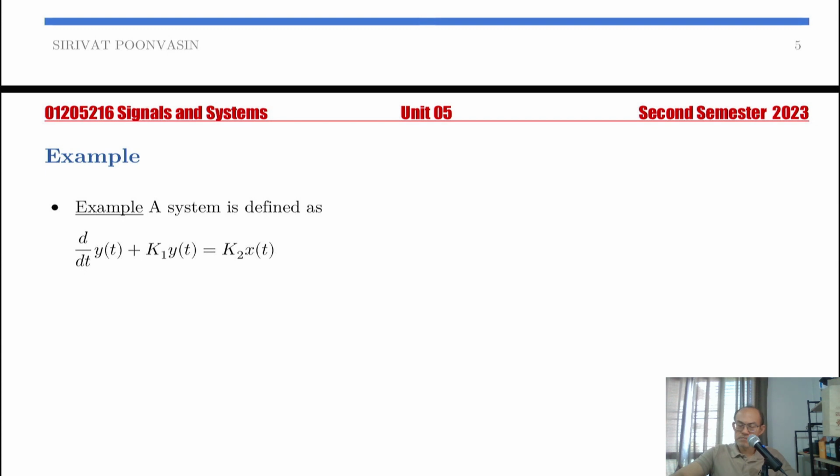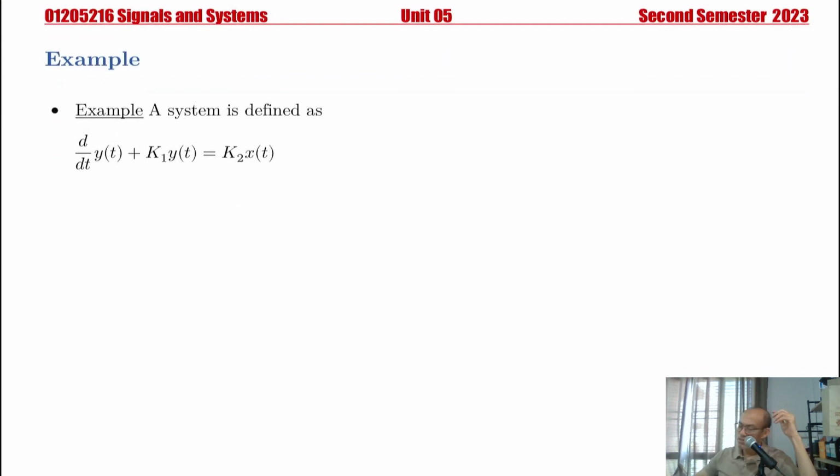Now let's look at this example. Now I'm not going to give you any details on this. Well, actually, yeah. We're going to prove that this system is linear. Okay, so we're going to let x1 and x2.